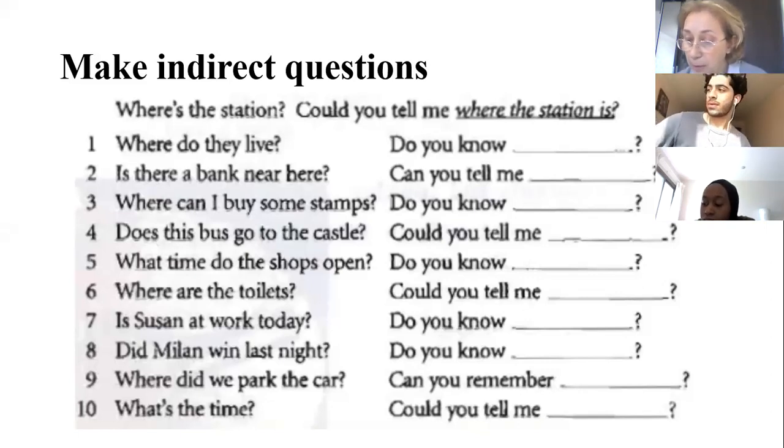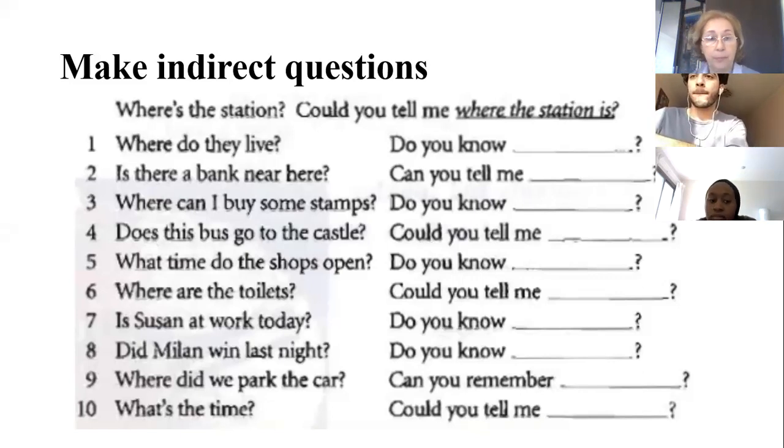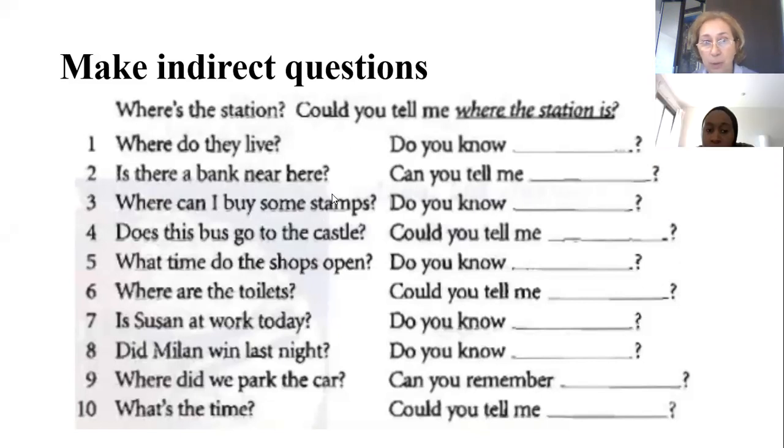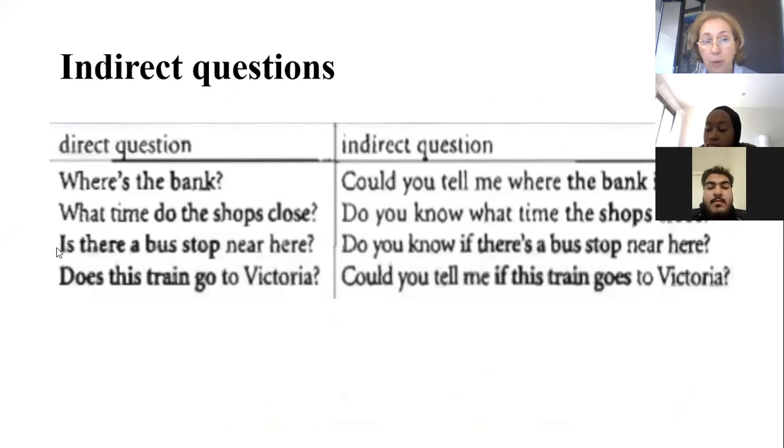The next sentence, let us listen to Yasmin, please. Line number 2. Okay, so, is there a bank nearby? Can you tell me, is there a bank nearby? No. So you don't make any changes. Is there a bank near here is the general question, Yasmin. And if we have a look at the previous slide, what kind of changes should we make in an indirect question, like, is there a bus stop near here?